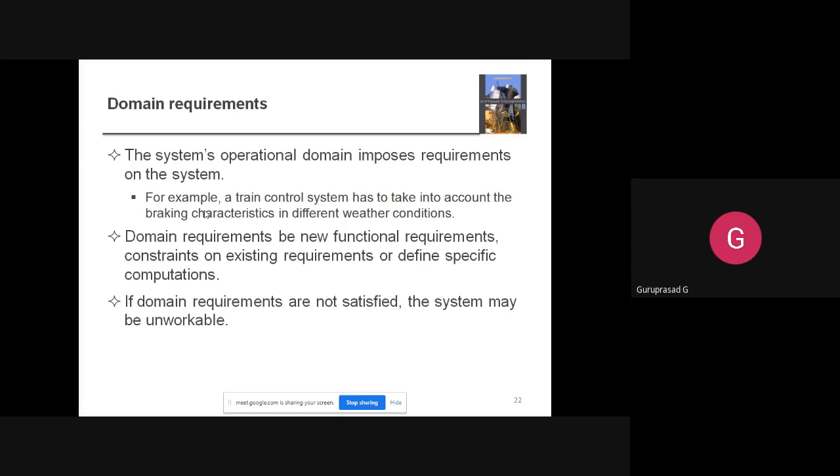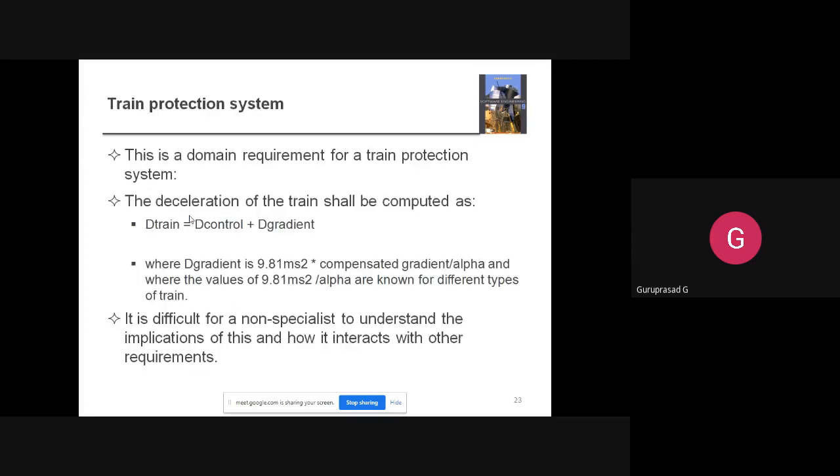Anyway, that is a small note about domain requirements. So we have totally three classifications: functional, non-functional, and domain requirements. He has given the example of a train protection system.